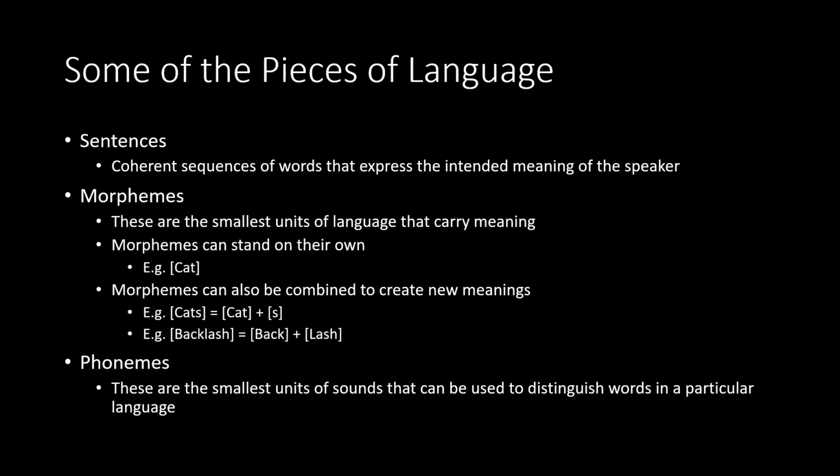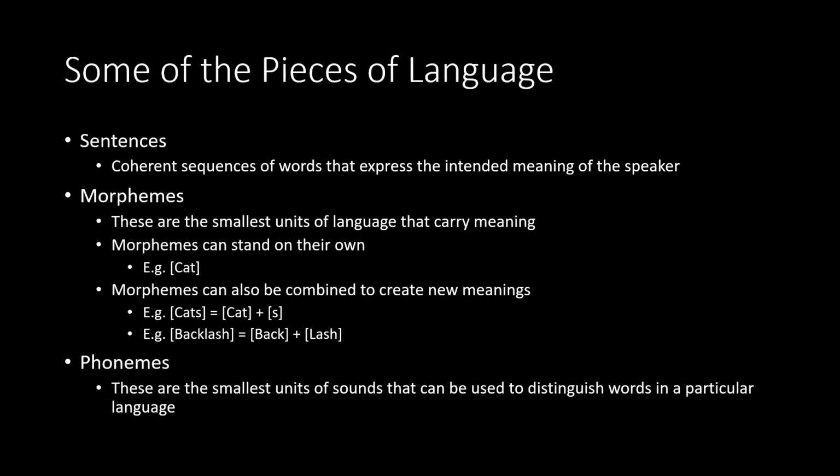Now, backlash would just be another example. This is in itself a word, so we would not really call it a morpheme because it can be divided into smaller pieces, ultimately into back and lash, which themselves would be classified as morphemes because ultimately those are two small units of meaning that cannot be further divided.